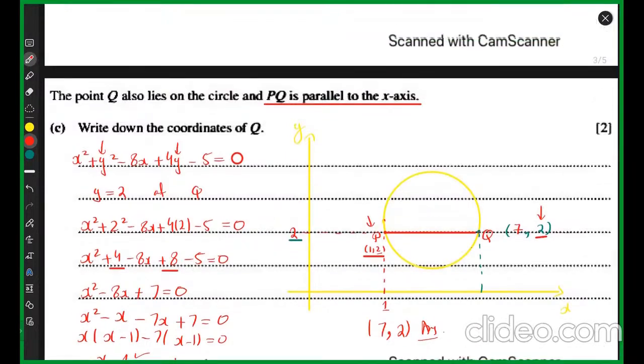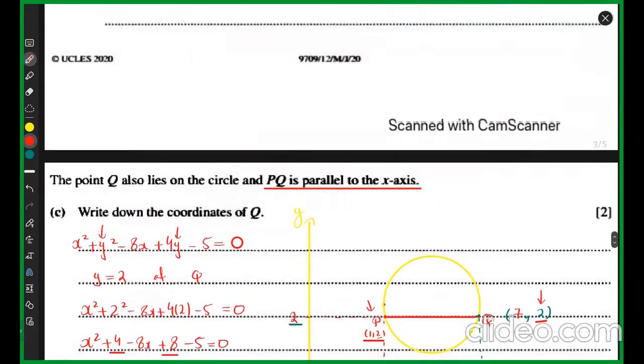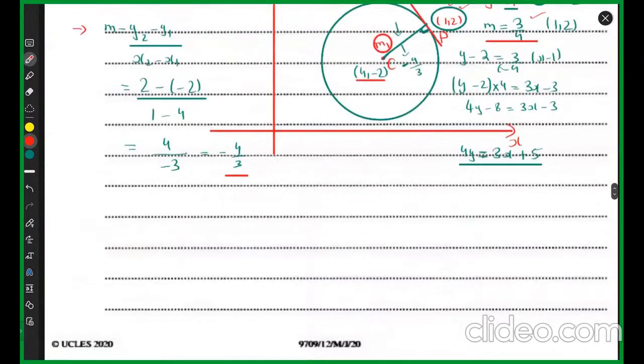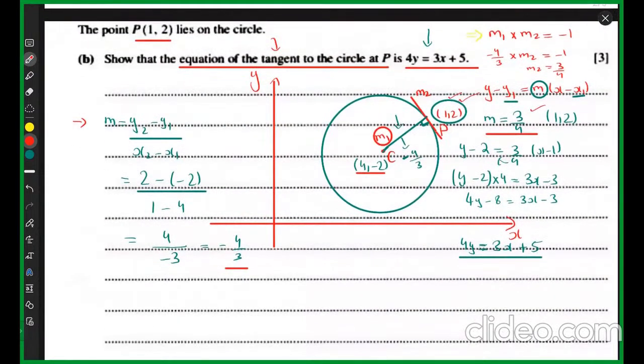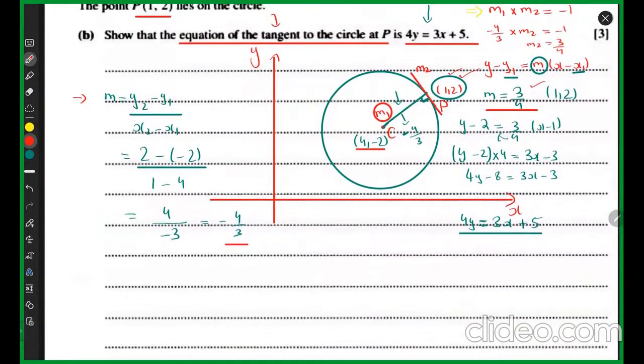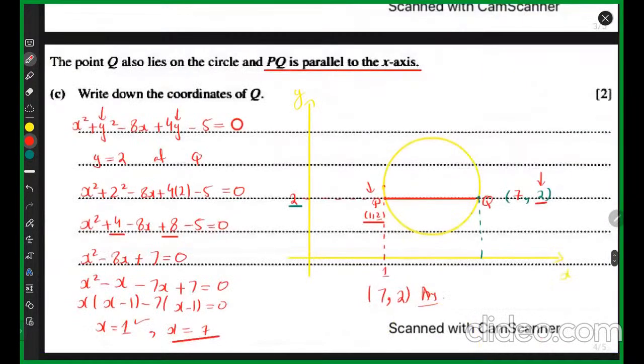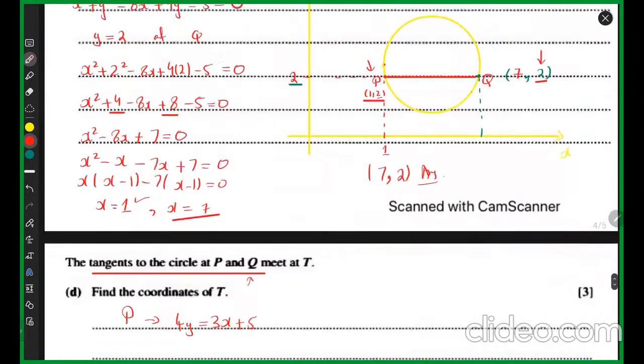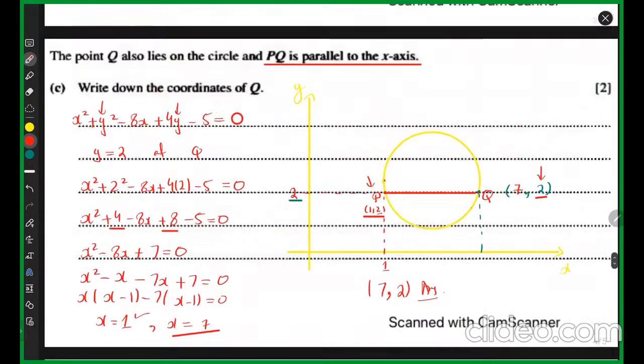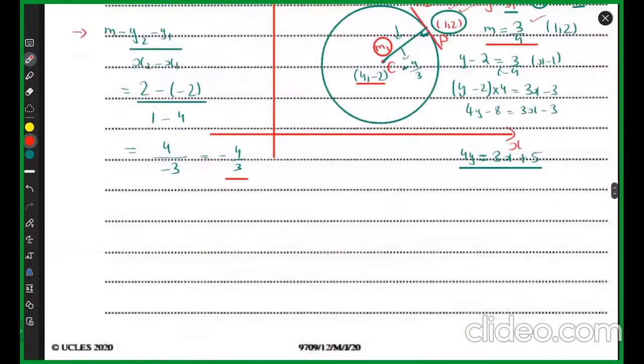This was basically the method. Now I'll write down the coordinates of Q. Q turned out to be 7, 2. Q has coordinates 7, 2.